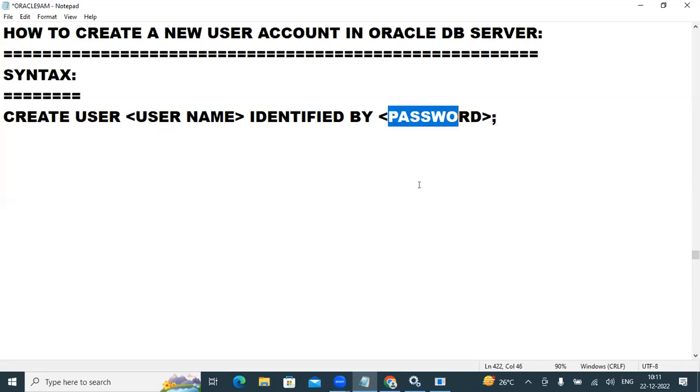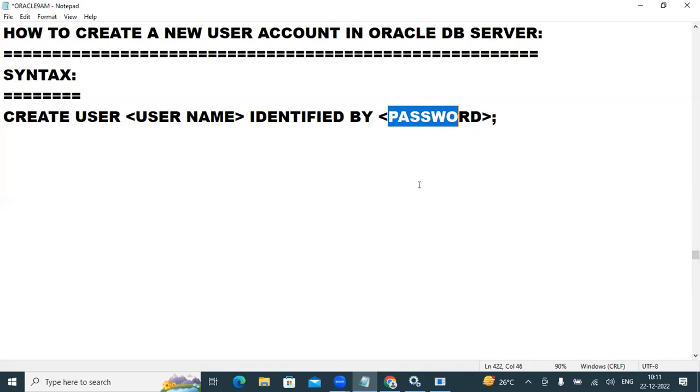But remember, in real time, usernames, passwords, permissions and security are all done by admins. So we do not create our own username and password. Admins create them and give them to employees.